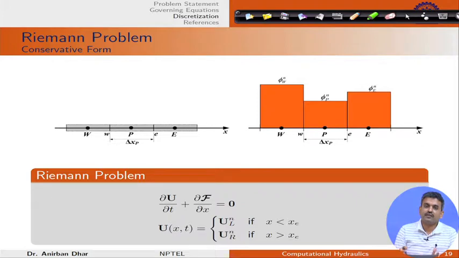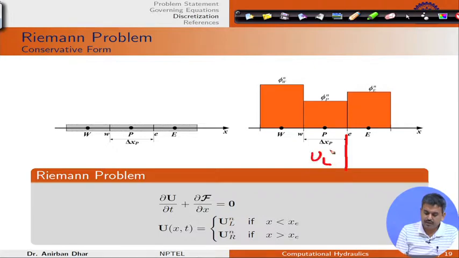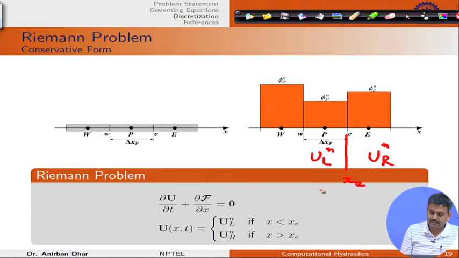If we consider the value on the right side, this is u r. So, this continuity is there. So, this is called the Riemann problem. This is x e. So, obviously, if x is less than this, then we have u l, on this side we have u r.